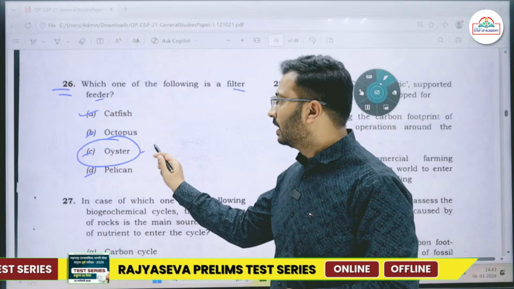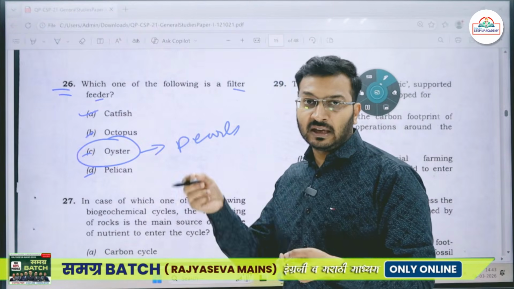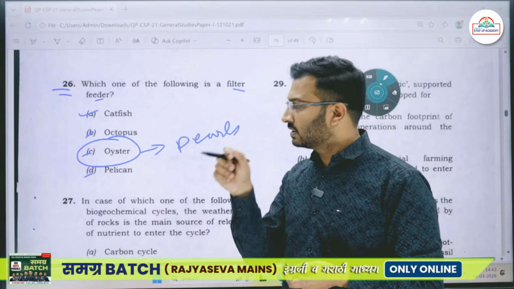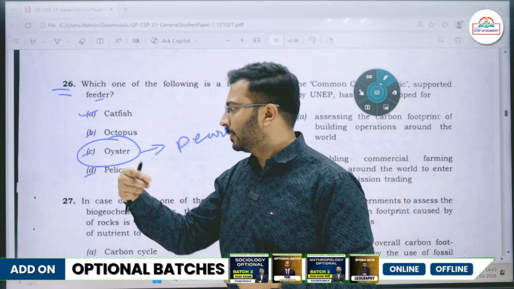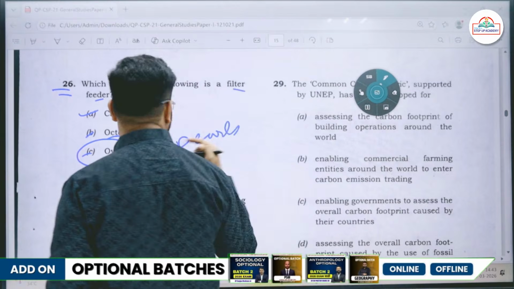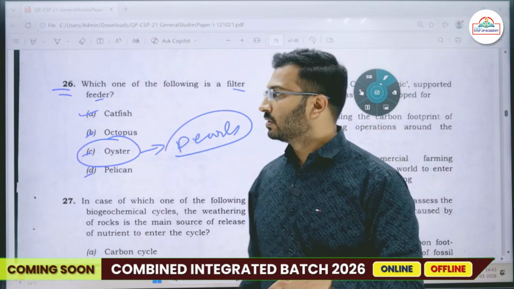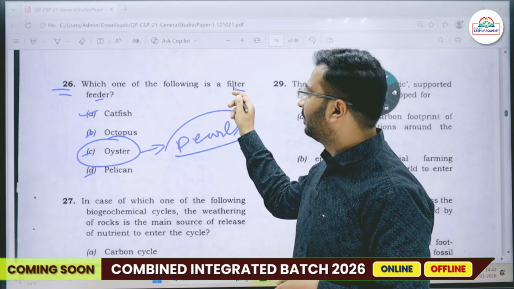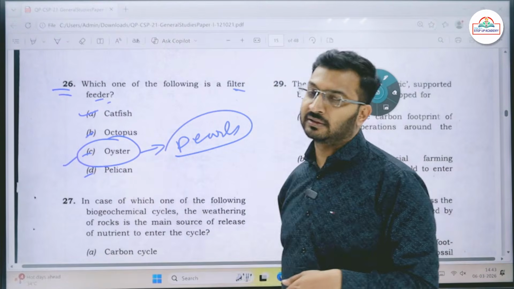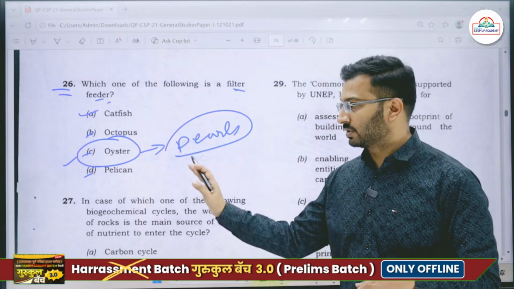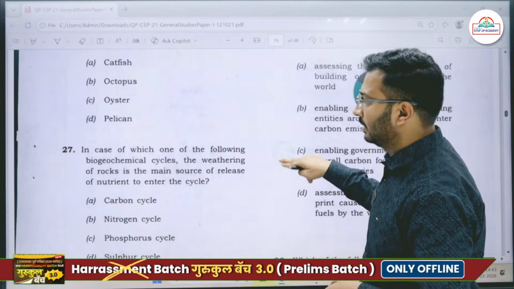Whenever any stone gets stuck into an oyster shell, it creates a layer around that particular rock, and over a period of time a pearl is formed. So from that I said okay, it is a filter feeder, and it is filtering something. So the answer might be pearl, oyster. From there I tried to simply apply the logic.